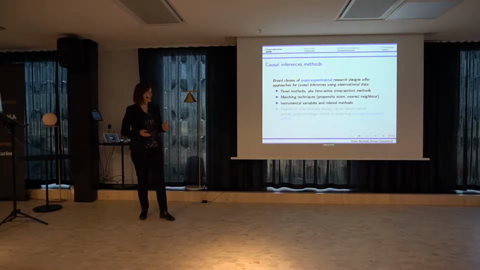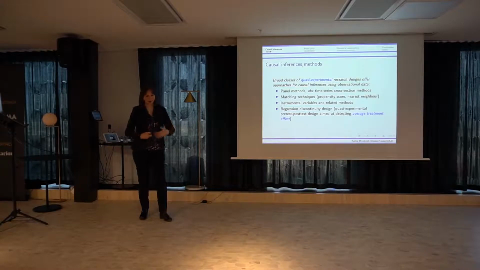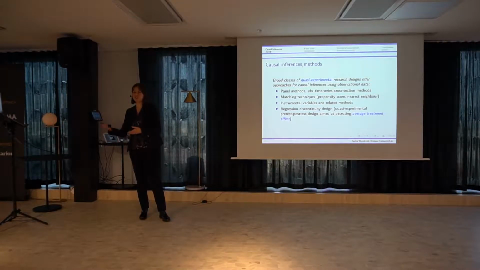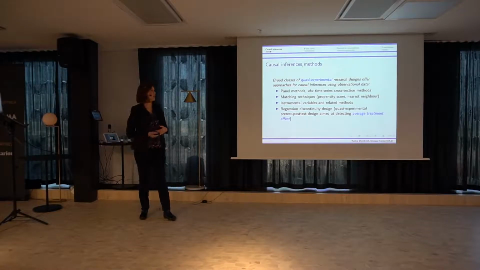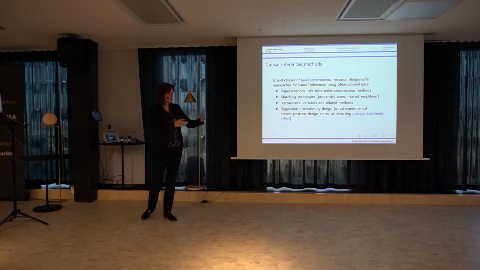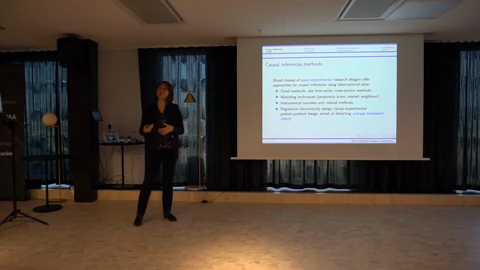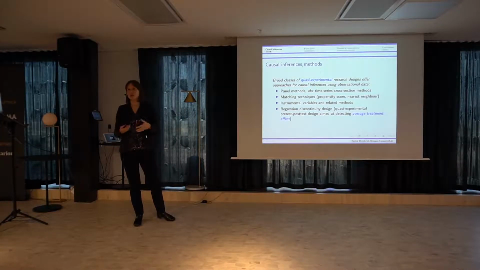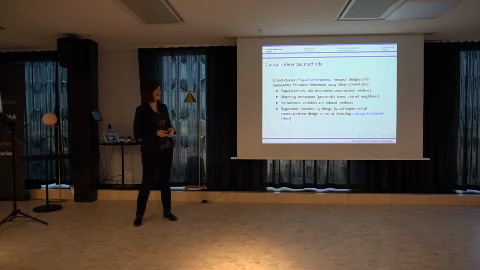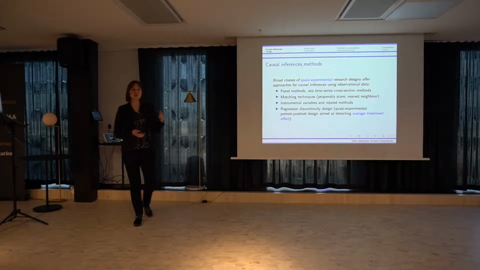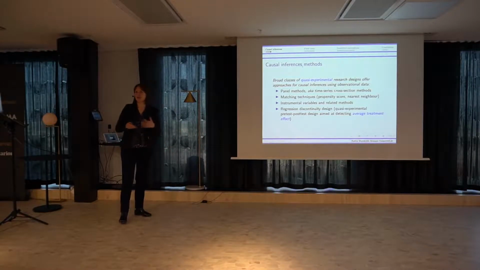Given that we are trying to get closer to experiments, the best we can get in absence of a second parallel universe that we can observe, these methods are called quasi-experimental. In the literature, they are often called quasi-experimental methods. These are broad classes of methods, and of course, this is not an exhaustive list.